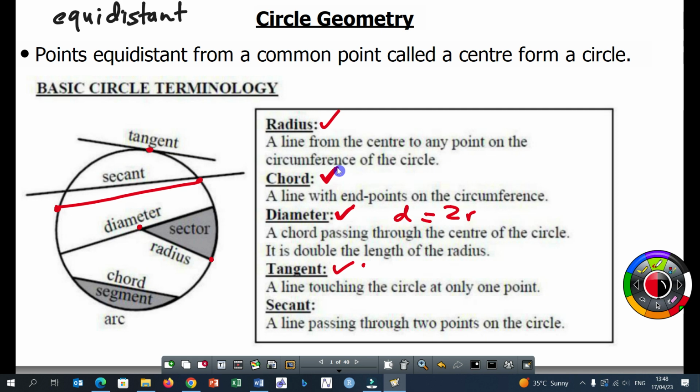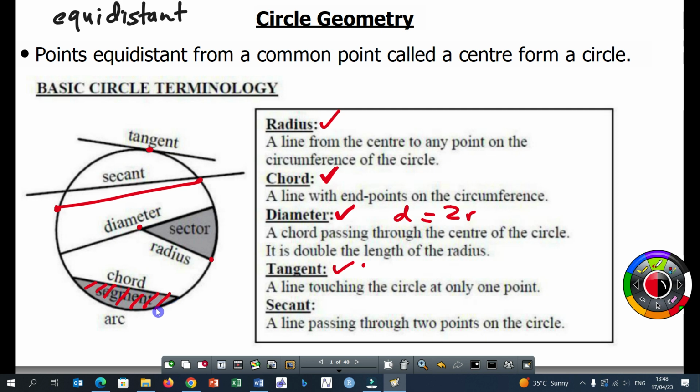Then we have got what's called a segment. Now, a segment is just a small area of a circle. If you draw any chord, the chord will divide the circle into 2 segments. Sometimes you can have what's called a minor segment, like in this case, this area here is called a minor segment because it's smaller than the bigger one.